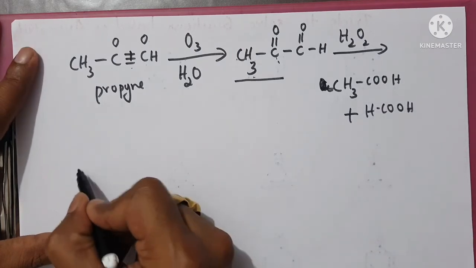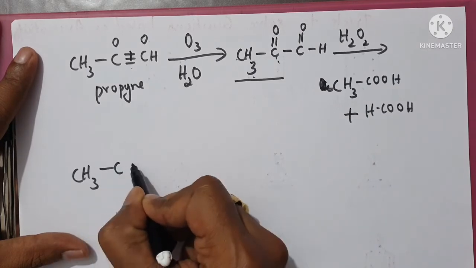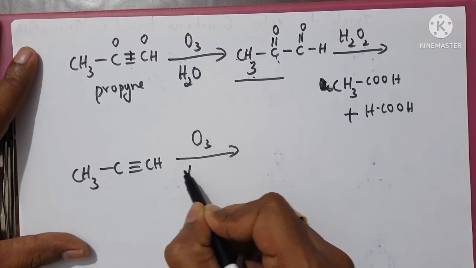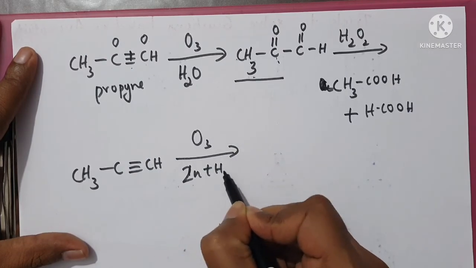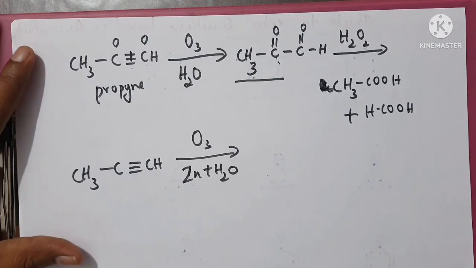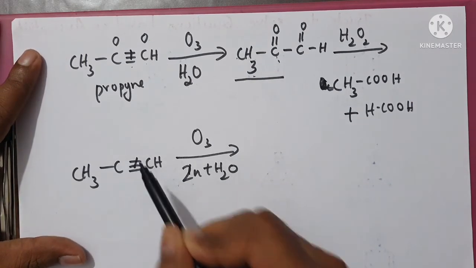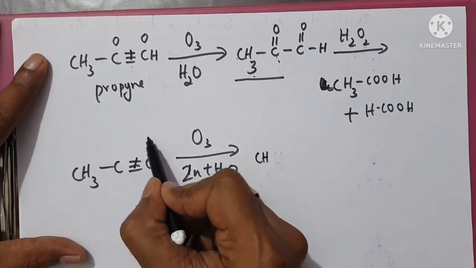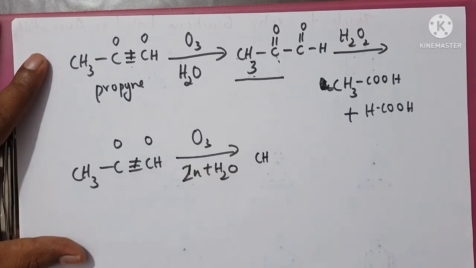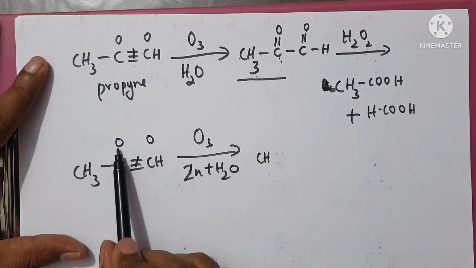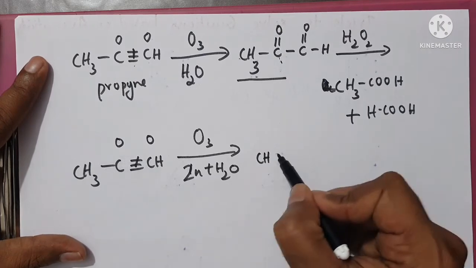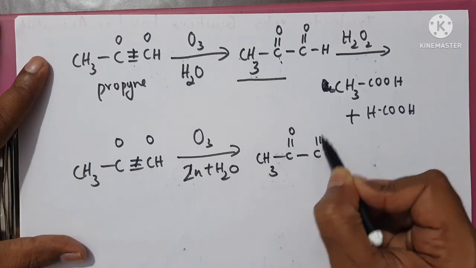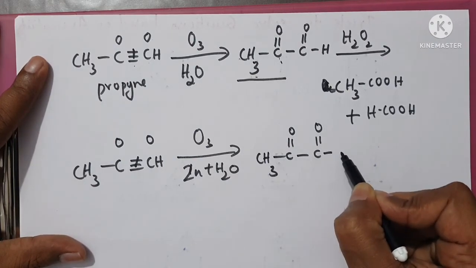If I take the same alkyne in the presence of zinc and water, these 2 bonds will break, thereby forming an ozonide. Add oxygen here, add oxygen here, add oxygen here, add an oxygen here, and what happens? CH3, C double bond O, C double bond O, CH.